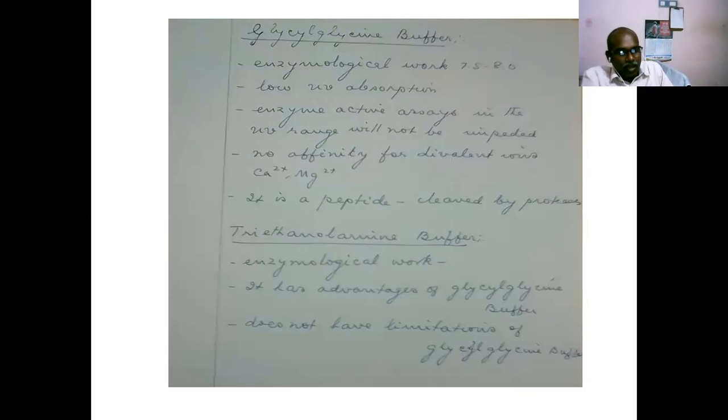When two amino acid molecules come closer, the amino group is basic and the acid group is acidic, so they can react between them. After the elimination of one molecule of water, an amide bond is formed, which is called a peptide linkage. Therefore, this glycyl glycine buffer is a peptide.